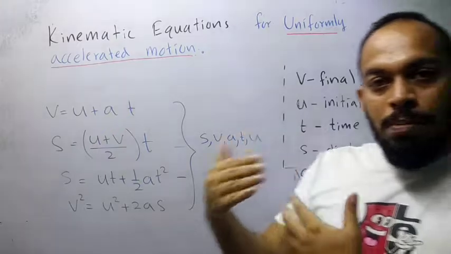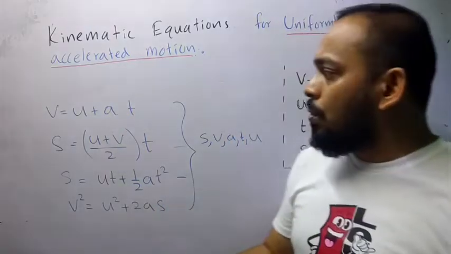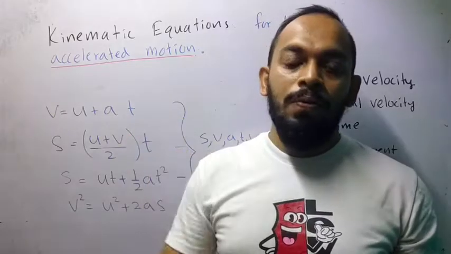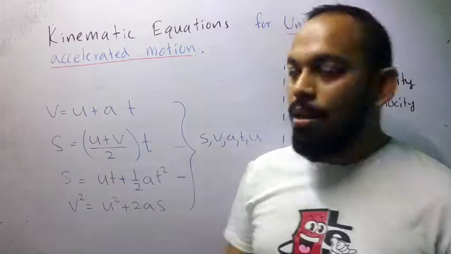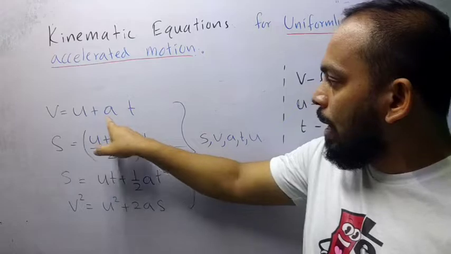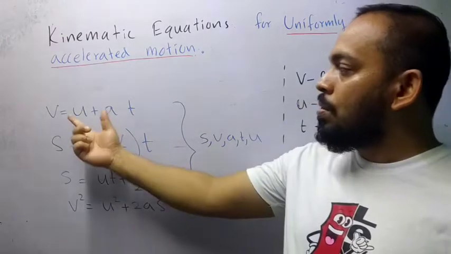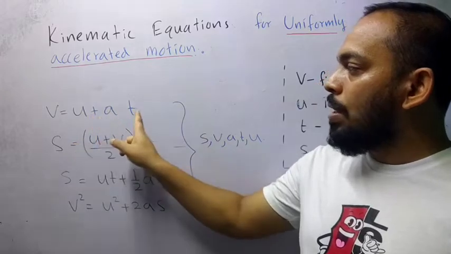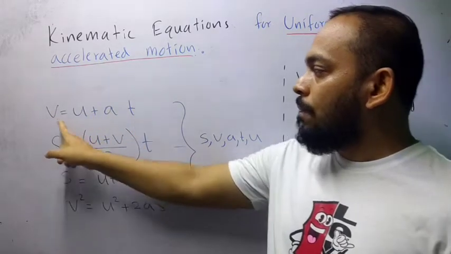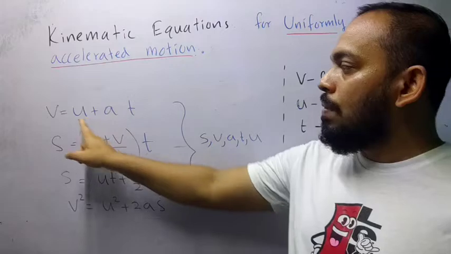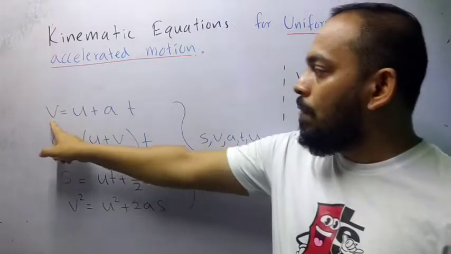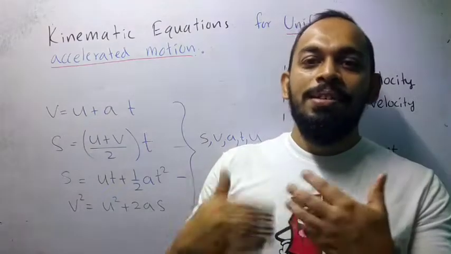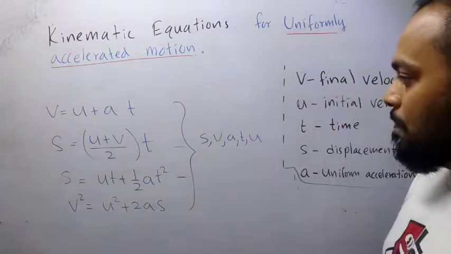When it comes to simple problems, you will be given 3 data and you have to find the remaining variable. Suppose u, a, t are given, then you can use this equation to find v. If v, u, a is given, you can find t. If v, a, t is given, you can find u. If v, u and t is given, you can find a. This is how simple problems evolve.